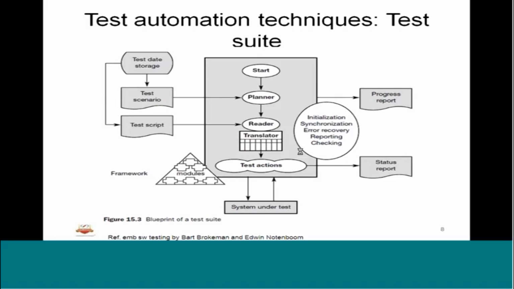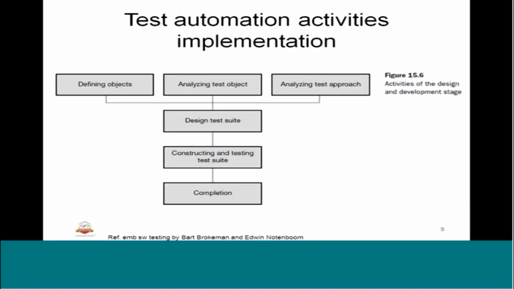Okay. In the next slide, we see different actions or activities, how they are getting implemented. The simple blocks. The design stage of the test suite or the automation has this many blocks. So we need to define the objects, analyze the test objects and analyze the test approach. This is the first fundamental thing that we do.